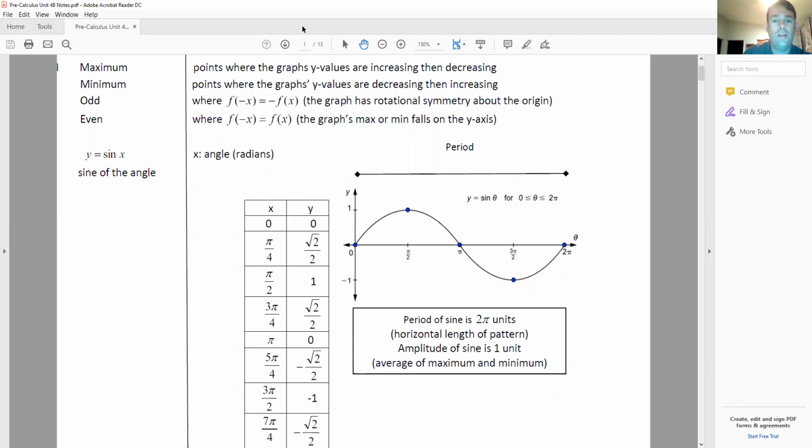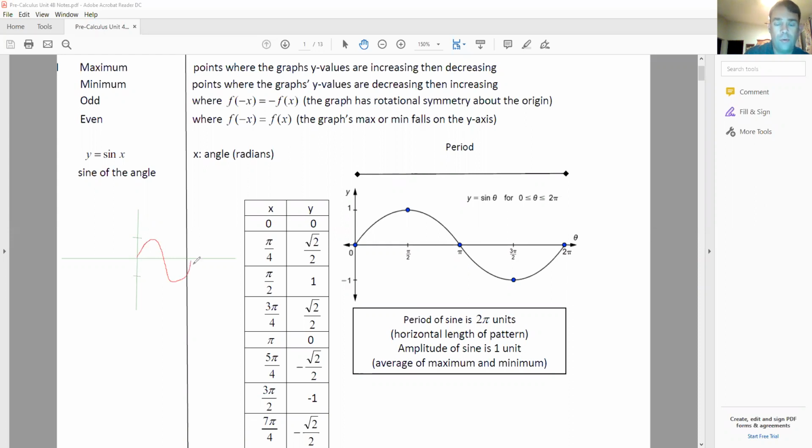Now, since it's on a unit circle, if I were to graph it all the way, it's going to alternate back and forth between 1 and -1, making that shape repeatedly over and over again.